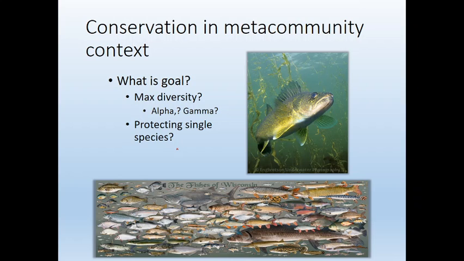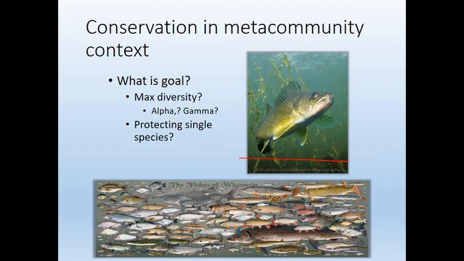When we're thinking about managing, say, fish communities, for example, the walleye is a great example of where certain DNRs, like Wisconsin and Minnesota in particular, spend a ton of money to try to manage for walleye.